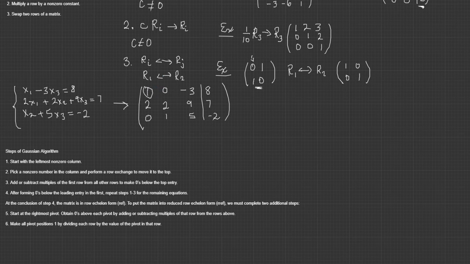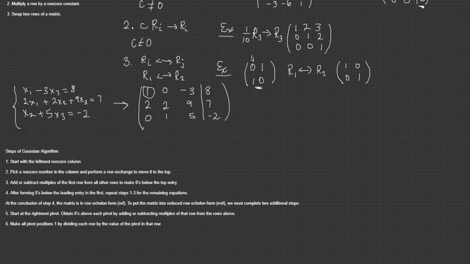We can see here our leading entry in the first row of the first column is 1. And you can see from steps 1 and 2 that these two are going to be pretty much interconnected with each other.